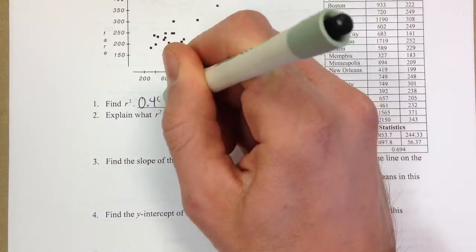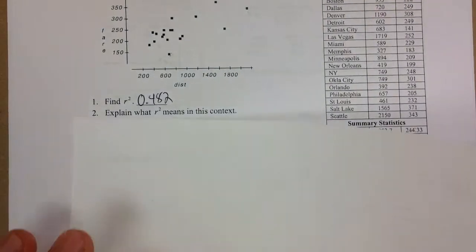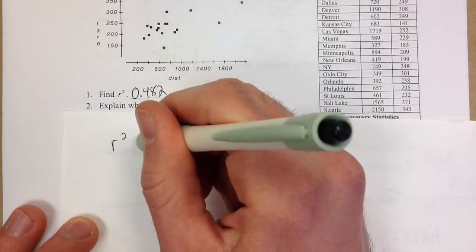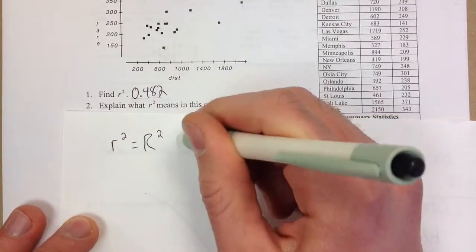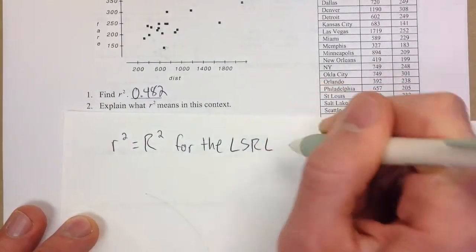So lowercase r squared is equal to uppercase R squared for the linear model, for the least squares regression line. Little r squared equals big R squared for the LSRL.